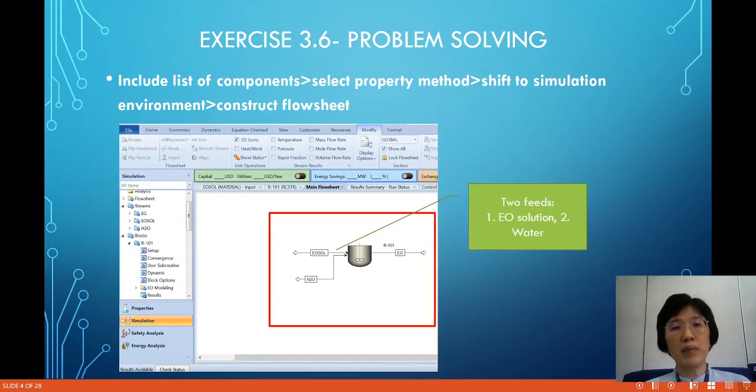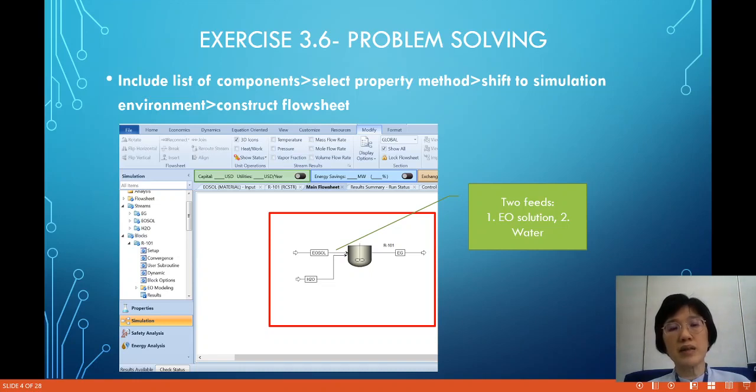So let's solve the problem. As usual, we have to create a new blank simulation. Then we have to include the list of components, select the property method, and generate the properties for all the components before we shift to the simulation environment.